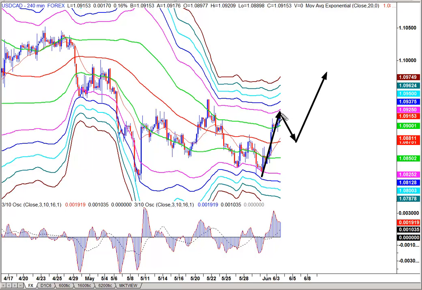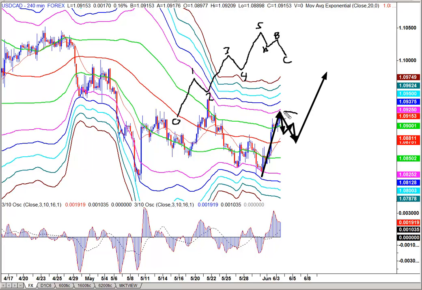Within this structure right here, we're going to look for an ABC correction. And I'm going to show you why we're looking for that ABC correction. Now, how does the market work? The market goes like this. In its simplest form, Elliott wave 0, 1, 2, 3, 4, 5, A, B, C. You see that?